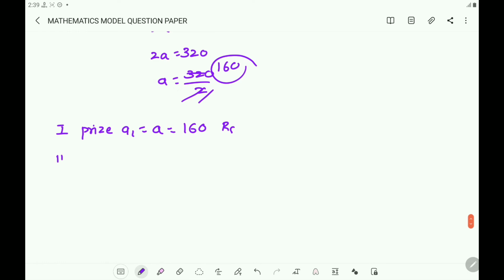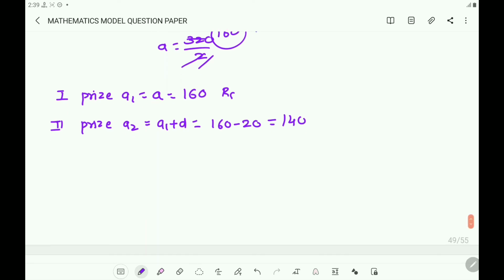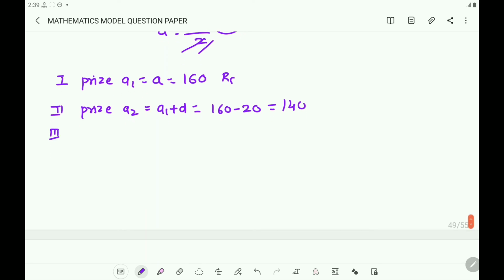Second prize A2 is equal to A1 plus d, that is 160 plus minus 20, means 160 minus 20, which is equal to 140. Then third prize A3 is A2 plus d. A2 means 140, plus d means plus minus 20.